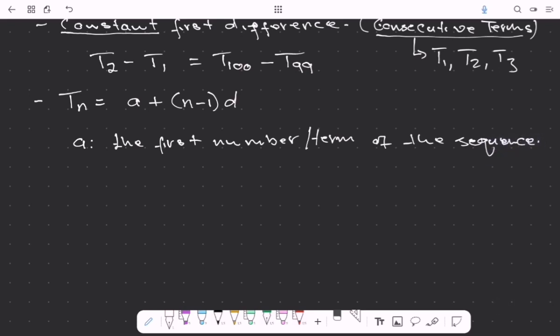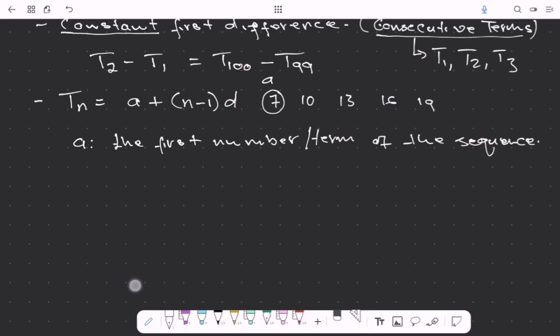Let's look at an example to get what I mean by the first number of the sequence. Let's take this sequence: 7, 10, 13, 16, 19, right? So the first term in this sequence is 7. Thus 7 is our A in this sequence, right? Thank you. Let's move on.